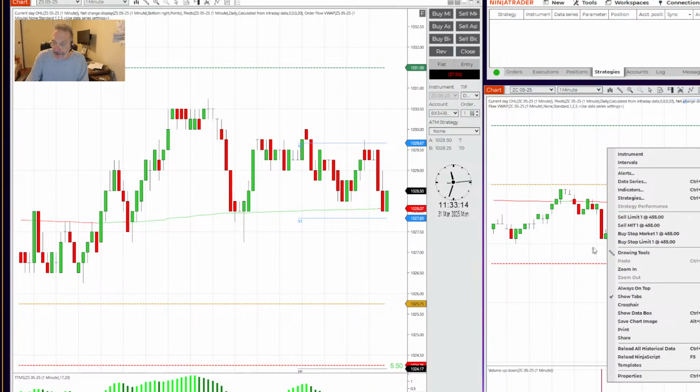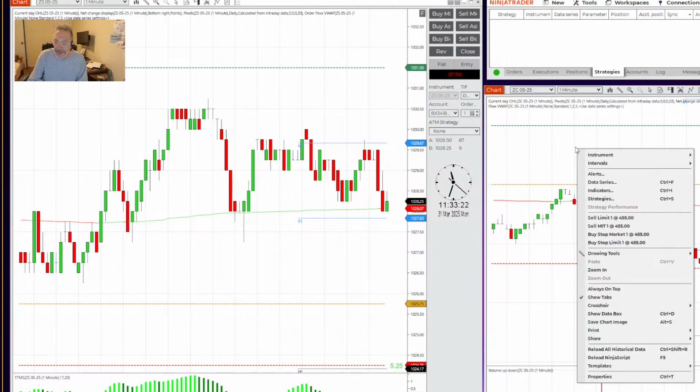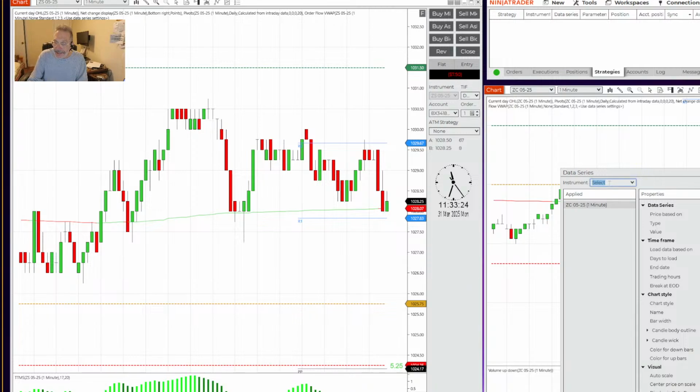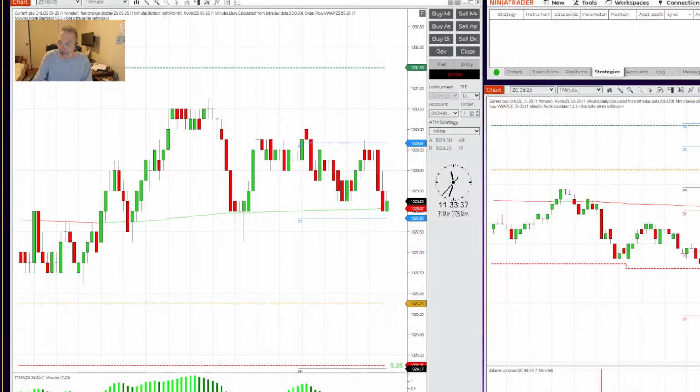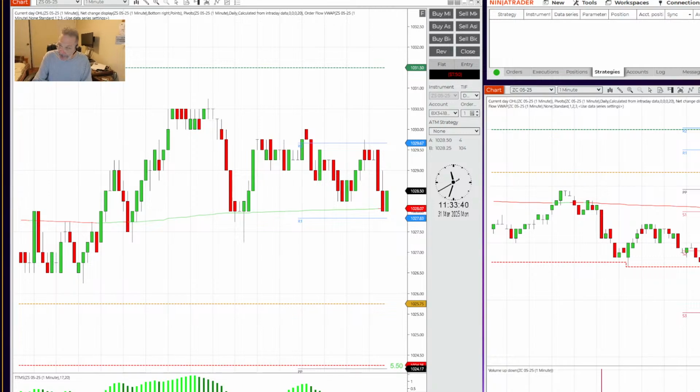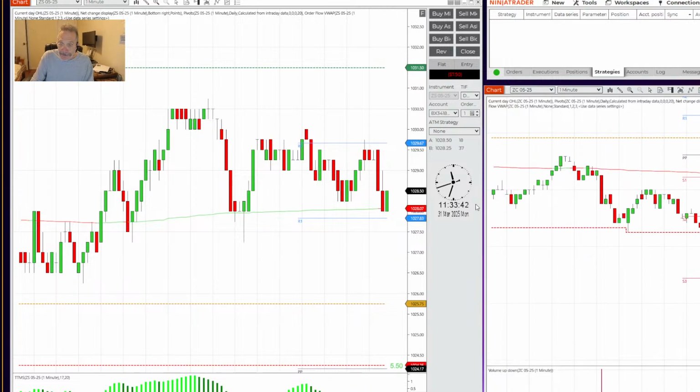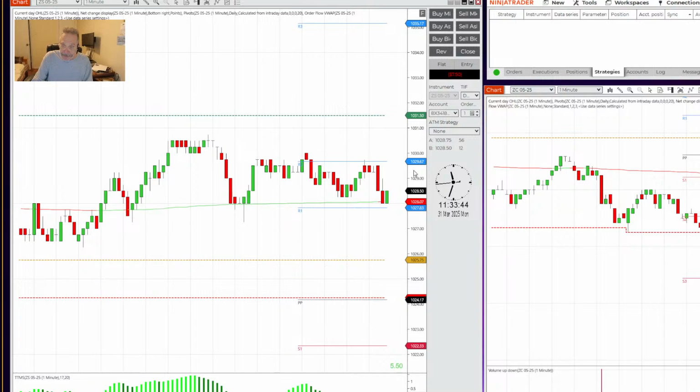It's a little bit different than the regular markets. So you should do it for both corn and for soybeans. Right-click the chart, click on data series, change the trading hours to default 24/7. Apply it and OK it. And then your pivots, highs of day, lows of day, will fit the charts.